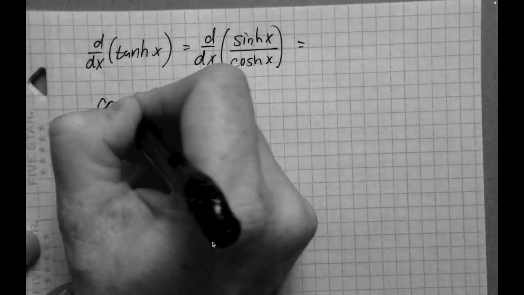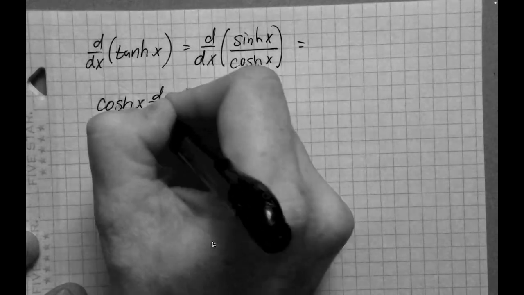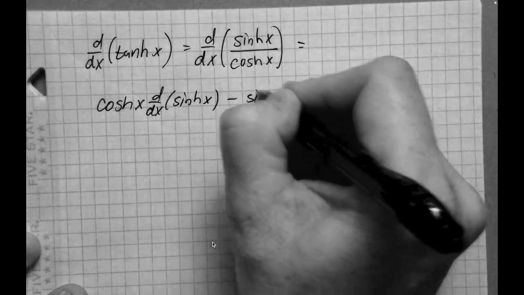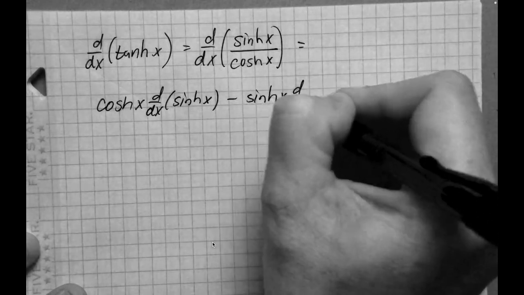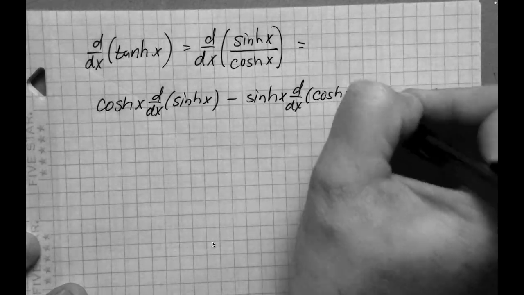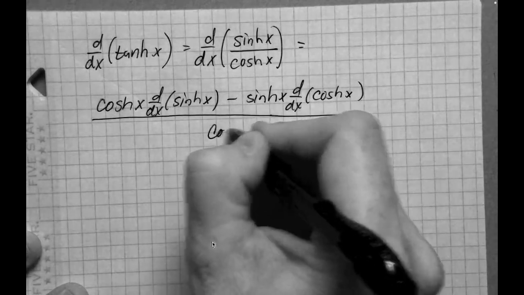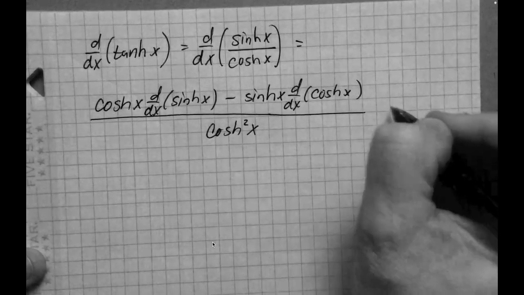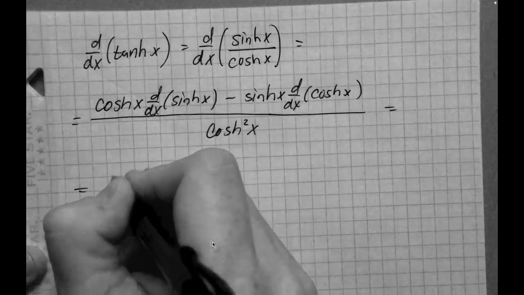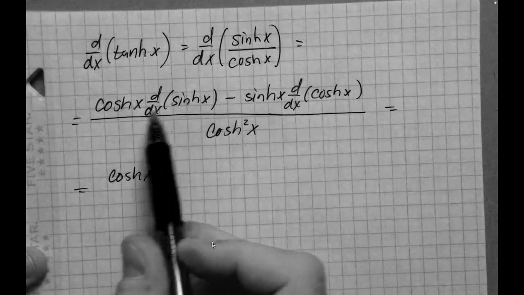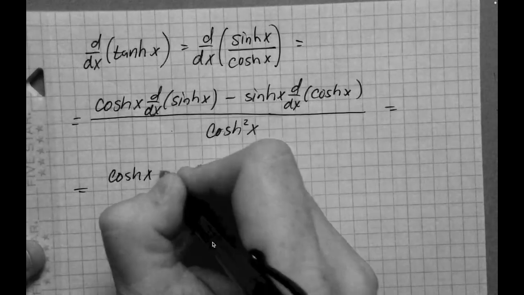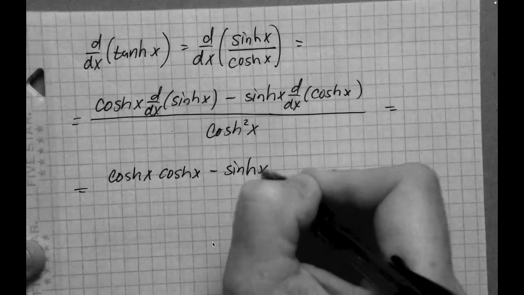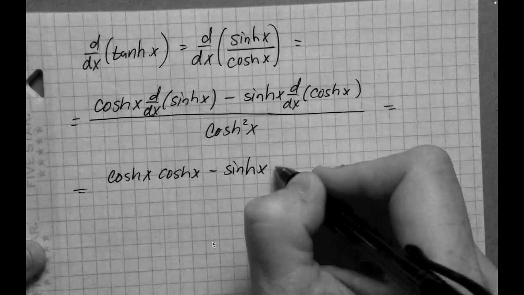So it'd be cosh x times d/dx of sinh minus sinh x times d/dx of cosh over cosh squared x, right? And we can run through this quickly, and we get cosh x. What's the derivative of hyperbolic sine? Well, we just said that that was hyperbolic cosine. And the derivative of the hyperbolic cosine is the hyperbolic sine.